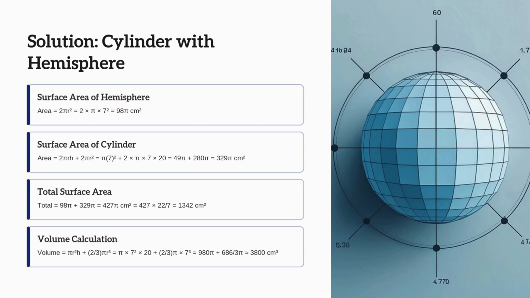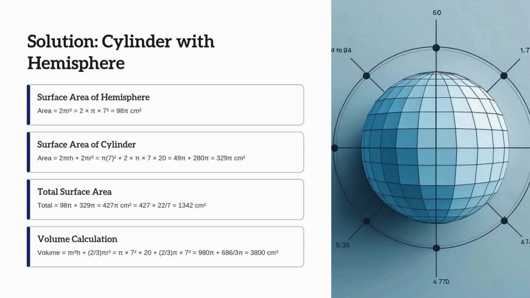Now substitute r equals 7 and h equals 20. Area equals pi multiplied by 7 squared plus 2 multiplied by pi multiplied by 7 multiplied by 20. Simplify 7 squared to 49. So the expression becomes pi multiplied by 49 plus 2 multiplied by pi multiplied by 140.